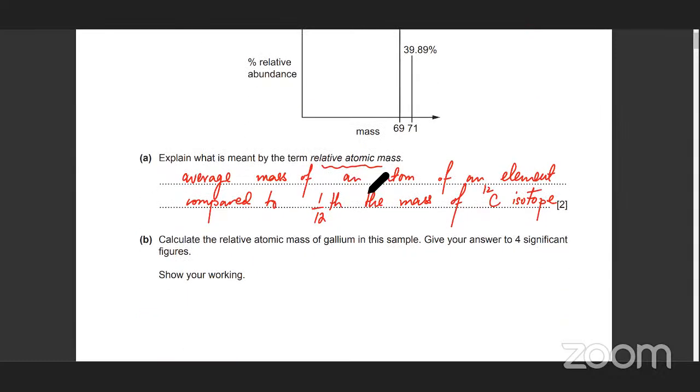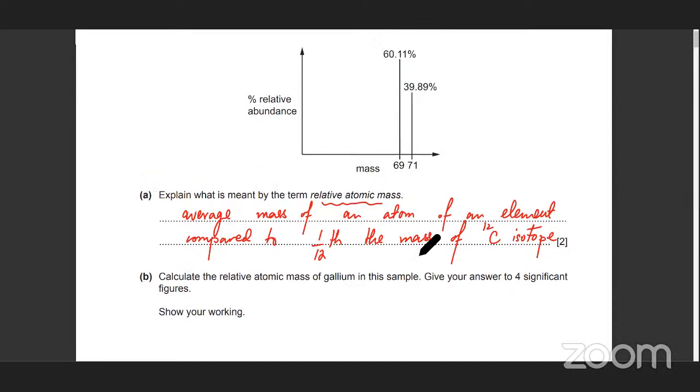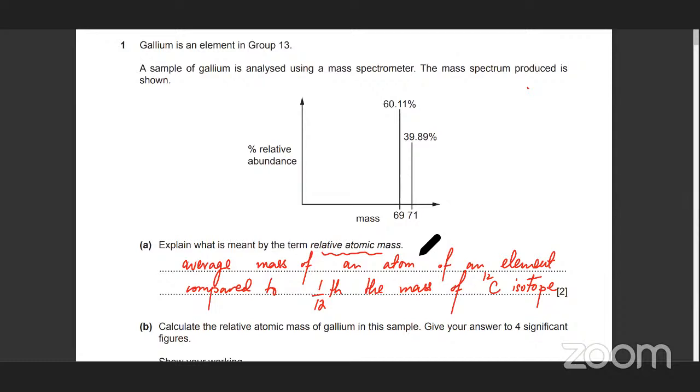Then you have to calculate the relative atomic mass of gallium in the sample. Give your answer to 4 significant figures. तो हम इसी के ऊपर working कर लेते हैं कि how do you find the AR? It's basically percentage multiplied by the mass. इसके दो masses हैं. One isotope is 69, the other one is 71.